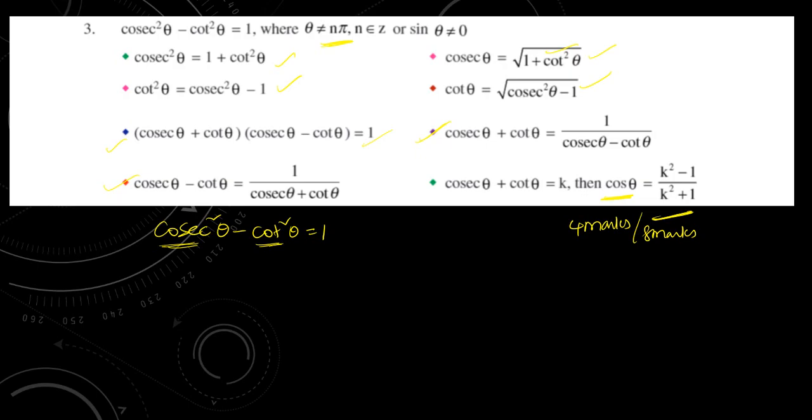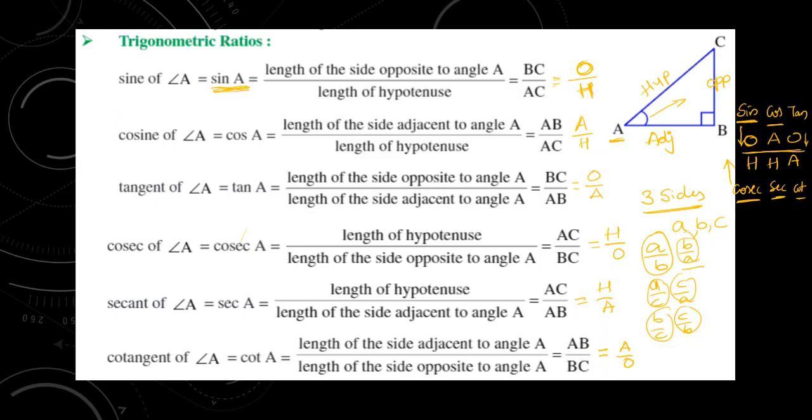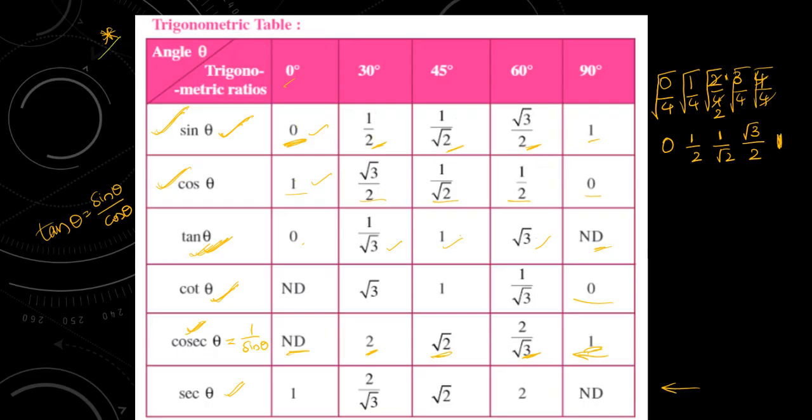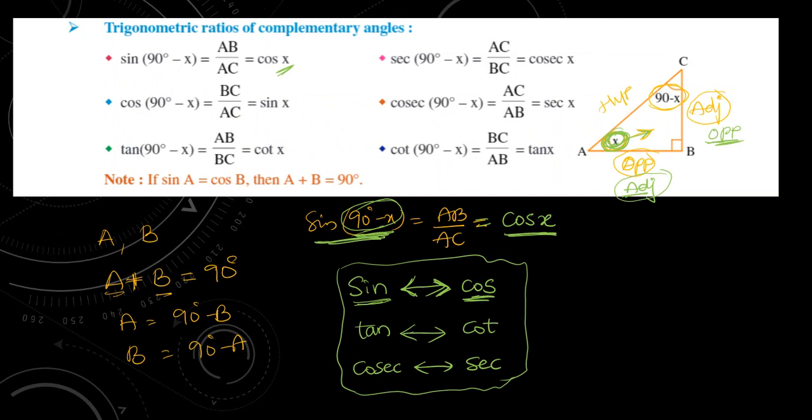Once again, going through the formulas, first of all you can simply remember this table of the definitions of trigonometric ratios. This particular table is very important, so just remember this, followed by the trigonometric values table. This is the second table which we need to remember. Next, sin changes to cos, cos changes to sin, tan changes to cot, cot changes to tan, cosecant to secant, secant to cosecant.